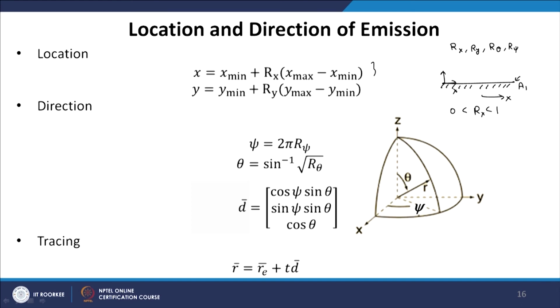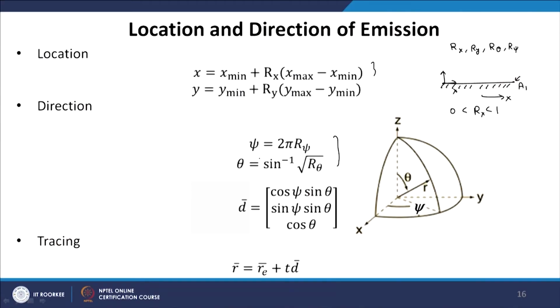And then we get 2 more random numbers, R theta and R psi. Now, we have psi defined as the azimuthal angle, and the azimuthal angle, as we know, varies from 0 to 2 pi. So, any value between 0 to 2 pi will give you a direction of emission in the azimuthal direction.